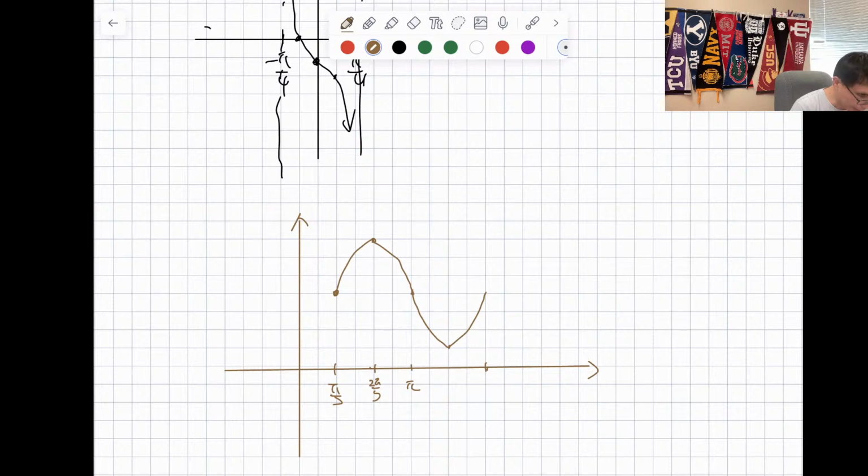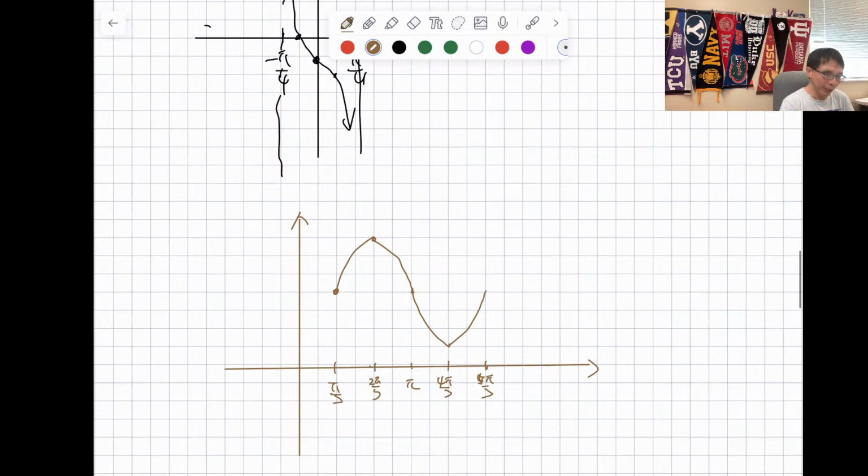So that's going to give you 4 pi over 3, and there's a 5 pi over 3. Okay, so in this particular graph, you can see obviously what a midline is. So Elias, can you tell me what the midline is here? The midline is at positive 5. You sure?